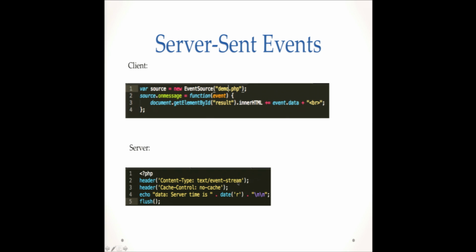One of them is that you need to modify the header to be event-stream, as you can see here. There is no need to cache this, and the data needs to follow this format. It needs to have the data keyword followed by the colon, and the end of the message is represented by two new line characters, as you can see here.